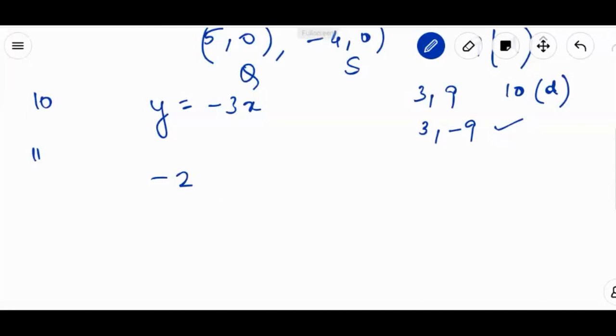So minus 2 minus of minus 3. What will you get? Minus 2 plus 3, that is equal to 1. So what is your answer here? 1. So in question number 11, your option will be C. That's the correct one. Then number 12. Somebody got, I think, minus 5 in this?